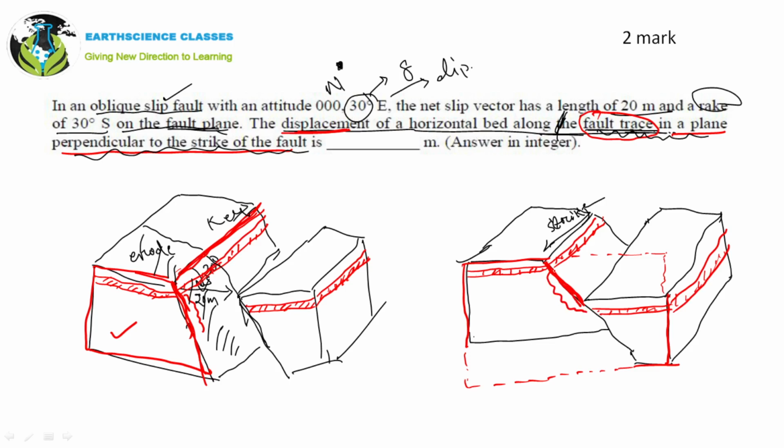Okay, so how can you find that? This diagram is only to show you what it is asking. So how can you calculate? Come to the first diagram, this is your net slip amount.